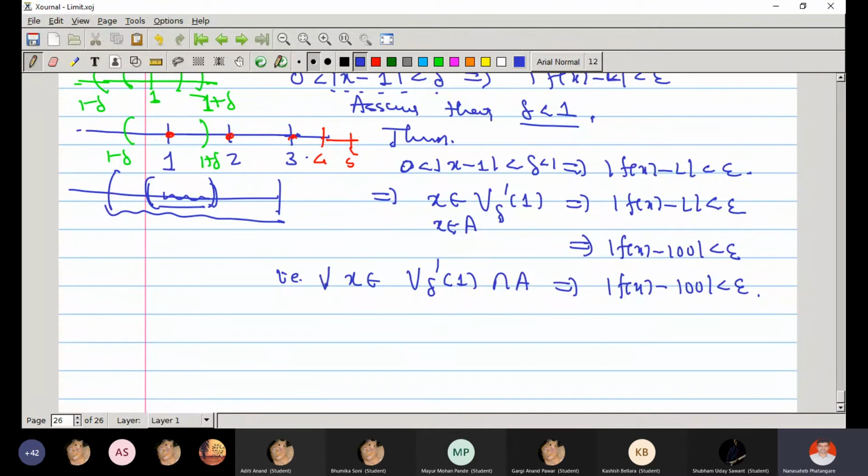So what is my statement? Every x in this delta neighborhood satisfies this condition. When does this statement fail? When the first statement is true and the second statement is false. So my statement is: every x in this delta neighborhood of 1 and also in A, for every such x, |f(x) minus 100| is less than epsilon.